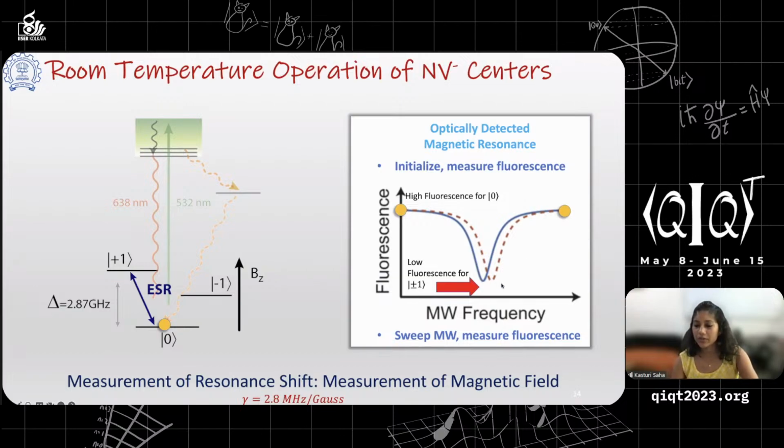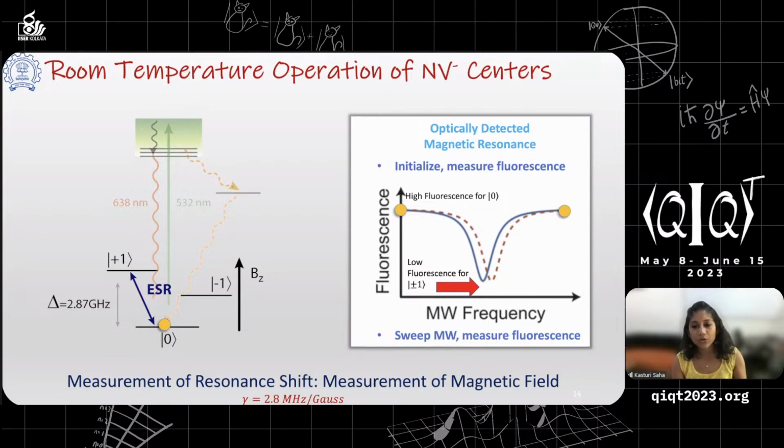This can shift the levels with respect to each other, and therefore you can measure it because this is an electron spin. Remember, it's a very well calibrated system. Nature has given us the calibration of the magnetic field. Its gamma is equal to 2.8 megahertz per Gauss. So whatever frequency shift you observe, you can calculate exactly the magnetic field corresponding to that frequency shift. That's how we find out what the magnetic field shifts are.